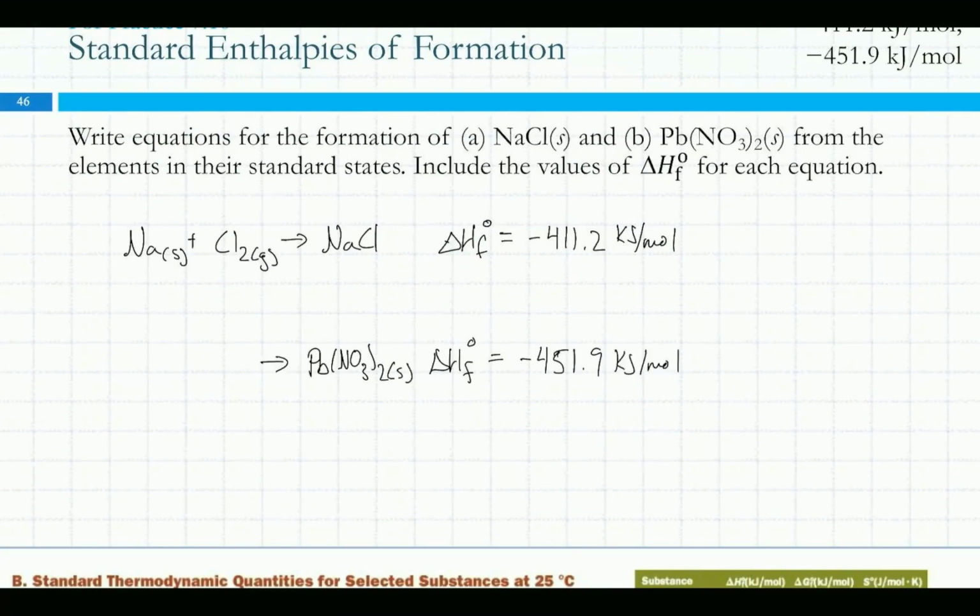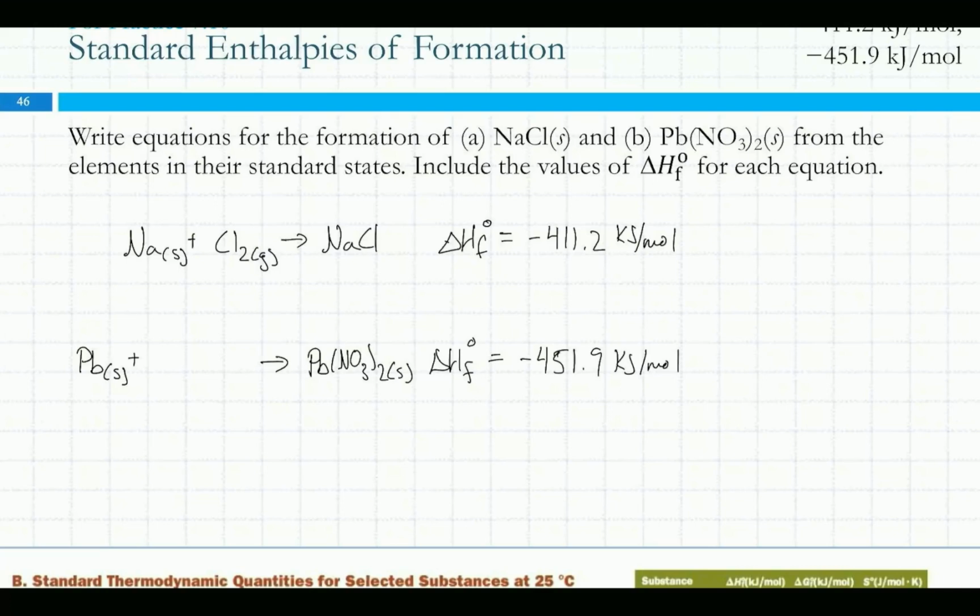Okay, so what would be the elemental forms, the standard state forms of the things to make lead nitrate? Everything that goes into this is going to be like lead in its standard state form, which means as an element, basically off the periodic table, lead solid. What other element is in there?